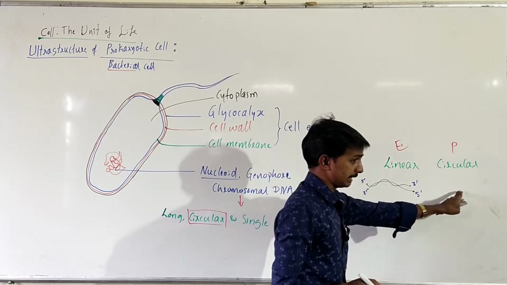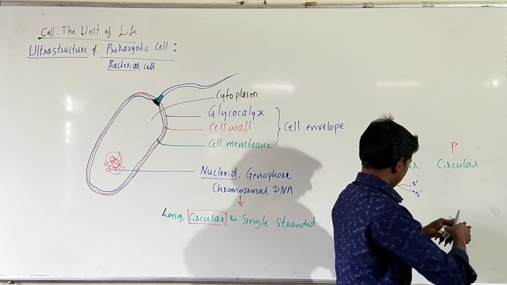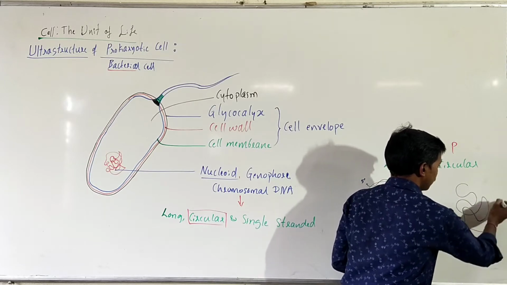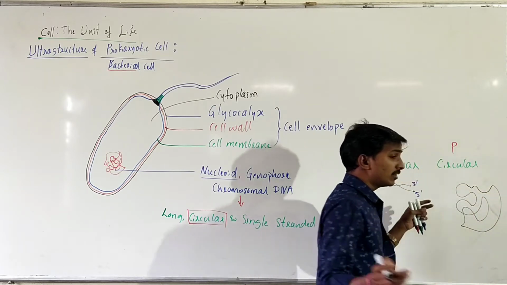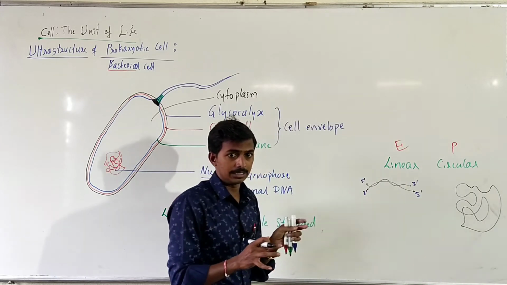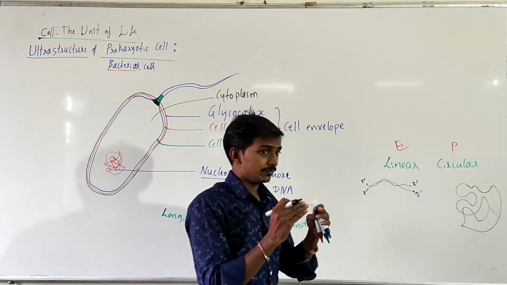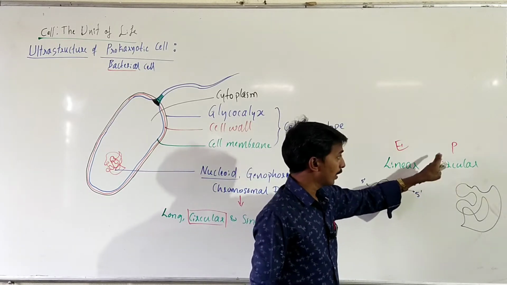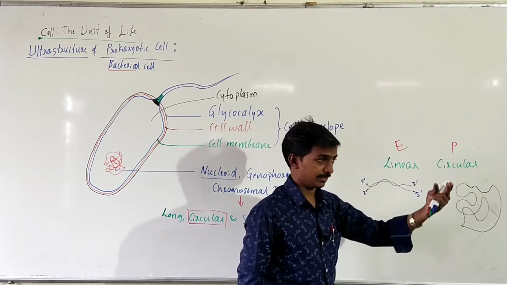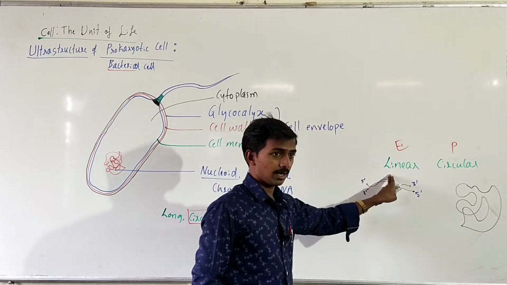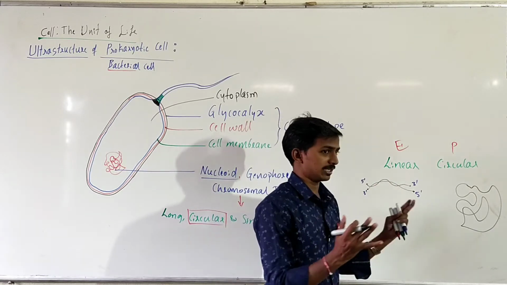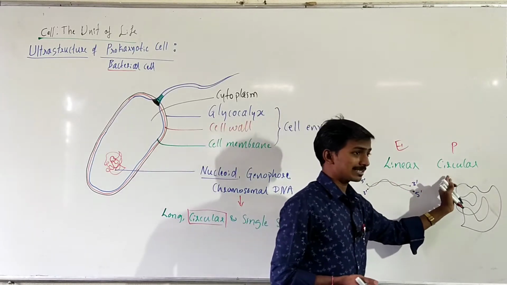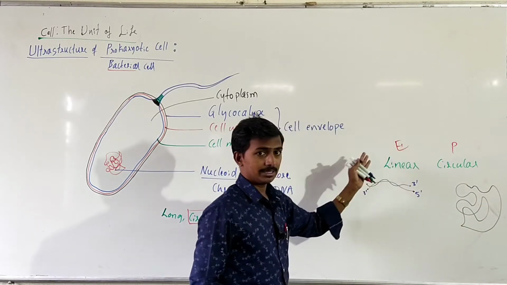But in circular DNA, in prokaryotes, the two ends are not free. Whatever the length of the DNA, the ends are ultimately fused together. Hence, it is circular in prokaryotes. But in eukaryotes, it is linear, having free ends on both sides. It is a major difference between prokaryotic and eukaryotic DNA.